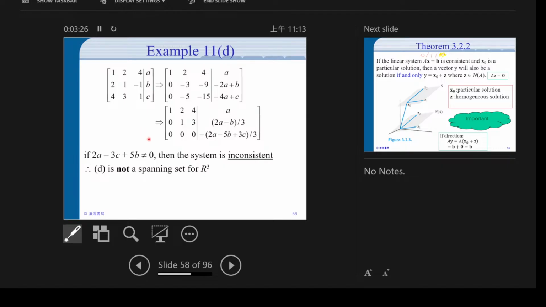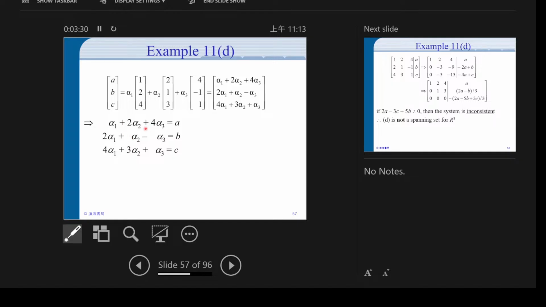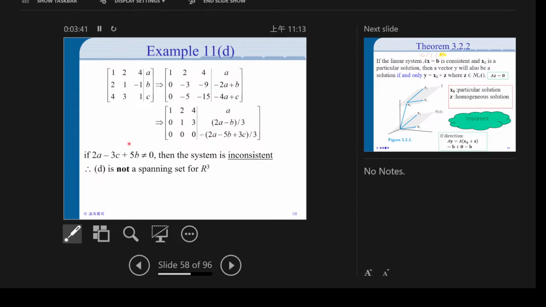Then we cannot find alpha 1, alpha 2, alpha 3 to satisfy this equation, and that means V1, V2, V3 doesn't span vectors that satisfy this condition. So D is not a spanning set for R3.